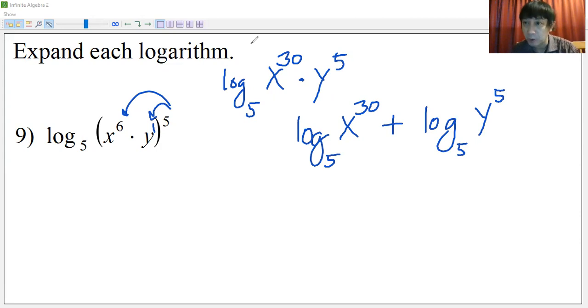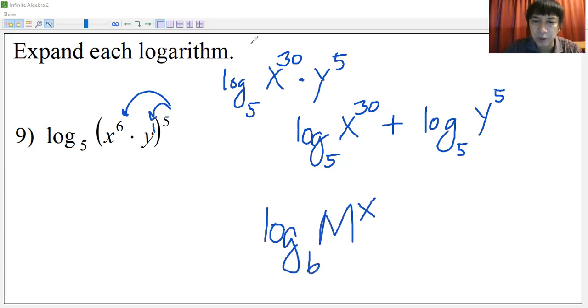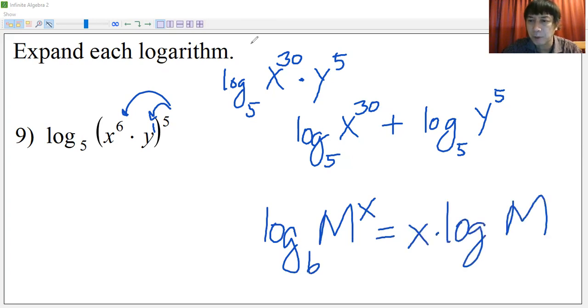Now, this time we're going to make use of the third property, the one with the exponent. Okay, so this will be the logarithm of a power. If you want to be reminded about the formula, this is the formula. Logarithm of m to the x base b is equal to x times logarithm of m base b. There. Okay, this is what we're using.